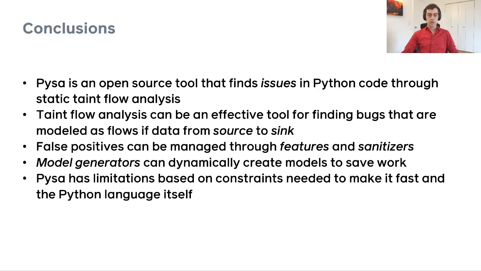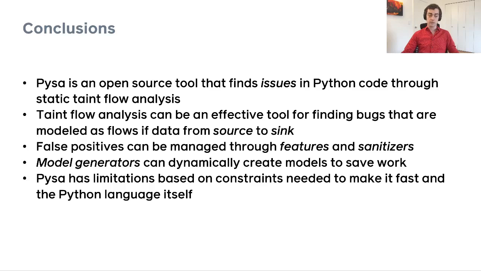So, in conclusion, Pysa is an open source tool that finds issues in Python code using a technique called static taint flow analysis. Taint flow analysis can be a really effective tool for finding bugs that can be modeled as flows of data from a source to a sink.